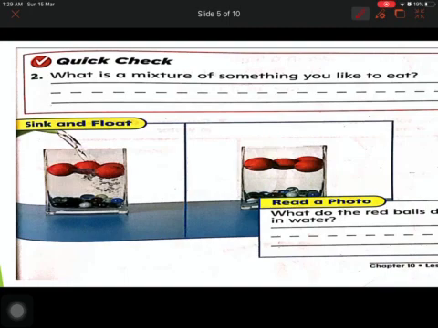The red balls float in the water. What about the marbles? The marbles sink, right? Why do you think the marbles sink? Because the marbles are heavier, right? The balls are light, and that's why they float.